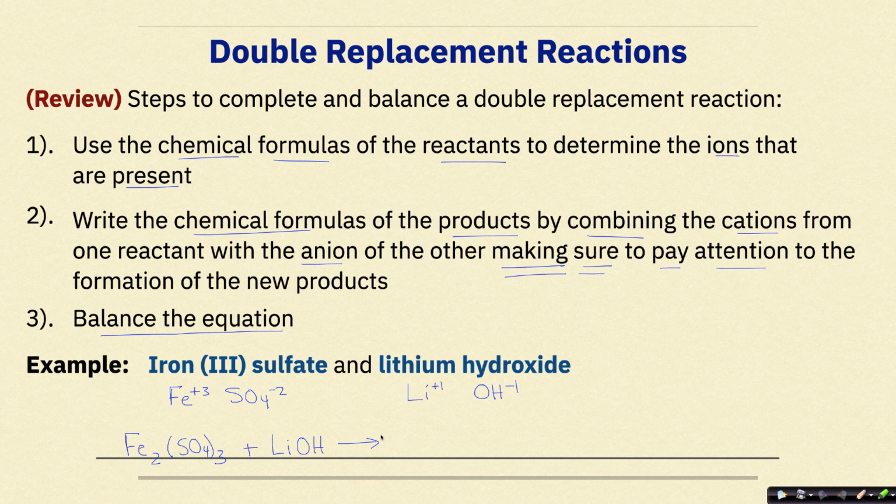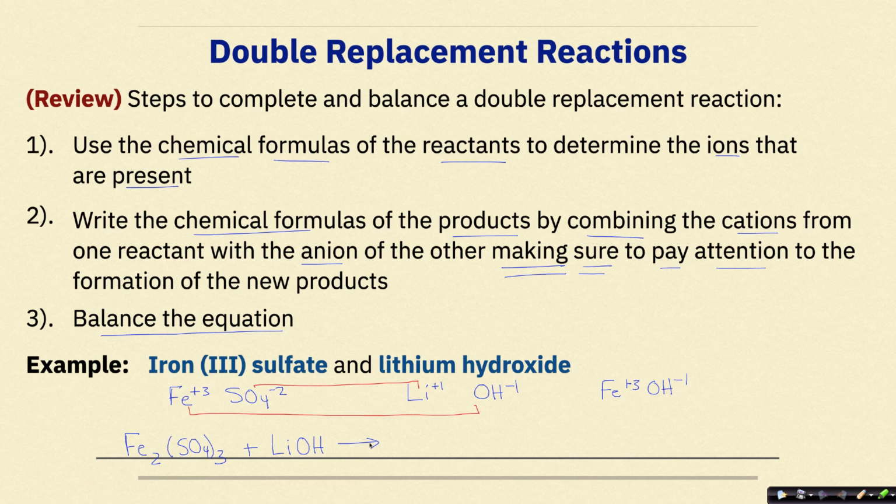The next thing I am going to do is say to myself, well, the Fe is now going to go with the OH, and the SO4 minus 2 is now going with the Li, and I know that I'm always going to put my positive ion first and my negative ion second. So we're going to have Fe plus 3 going with the OH minus 1.